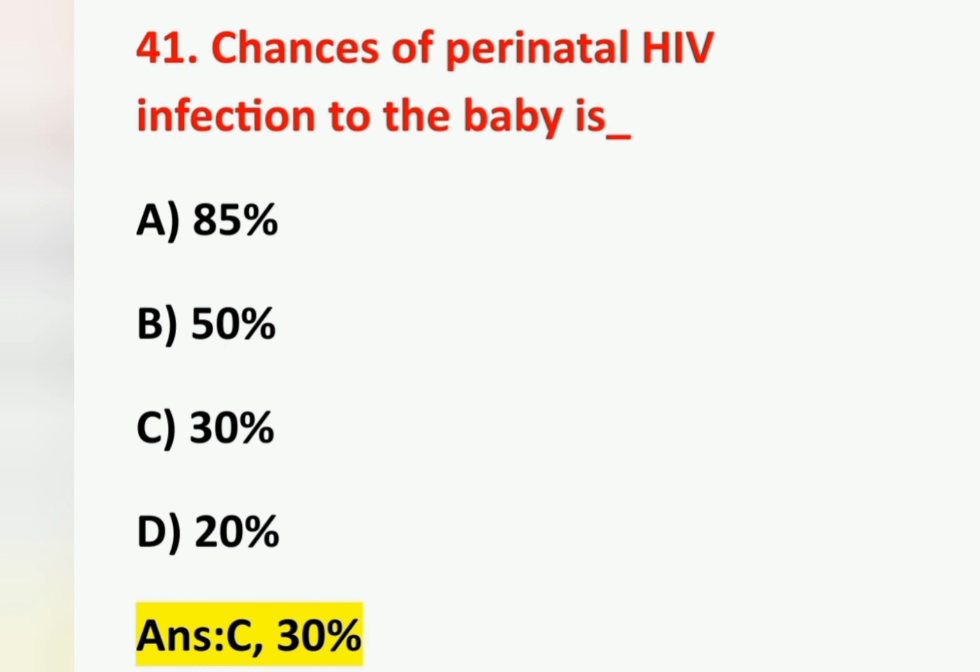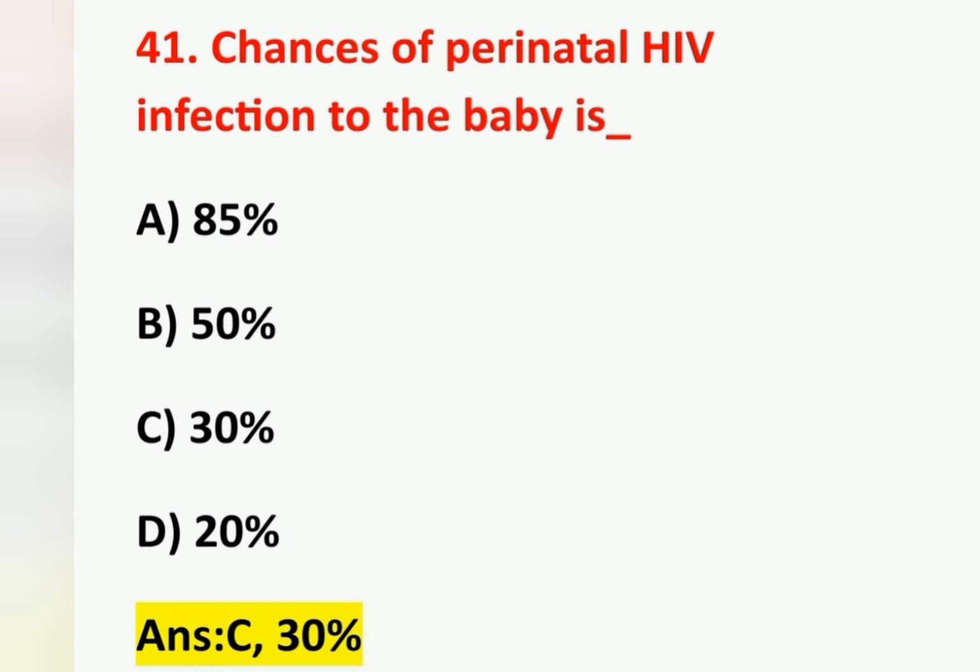In case of breastfeeding, the transmission from mother to baby is 5 to 20%. During unprotected sexual intercourse, the chance of occurrence of HIV is 87%. That is the most common transmission. In case of occupational exposure, 1 in 300 people.